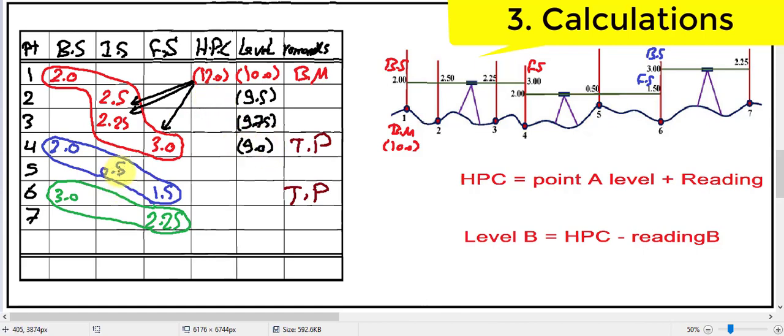To calculate the level of point 5, we can't use the HBC for this position, because the HBC for the first position is not equal to the HBC for the second position. So to calculate points 5 and 6 in the second position, we must calculate the HBC for the new position.